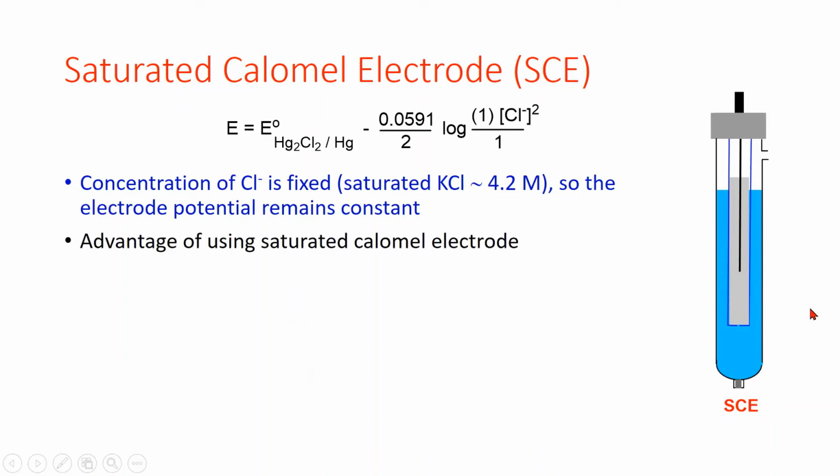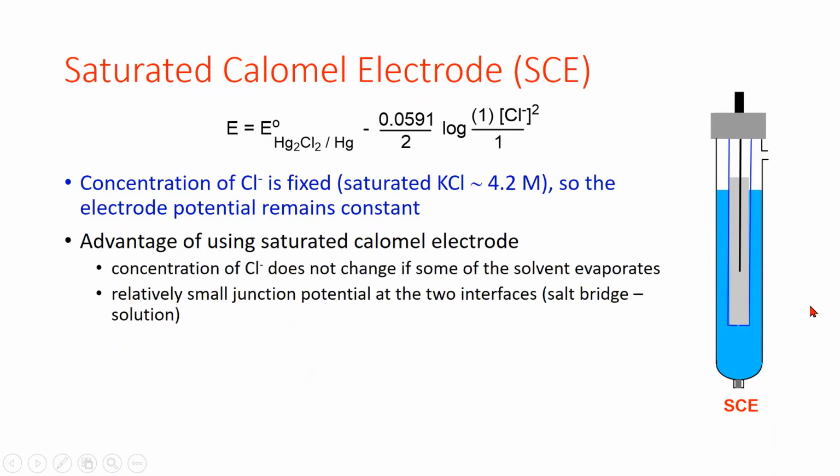An advantage of using the saturated calomel electrode is that the concentration of chloride ion does not change. If some of the solvent evaporates, then some of the KCl will crystallize out. There is a relatively small junction potential at the two interfaces, one interface with the solution, one interface with the outer solution.